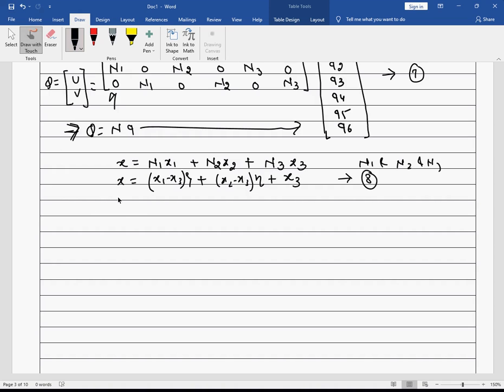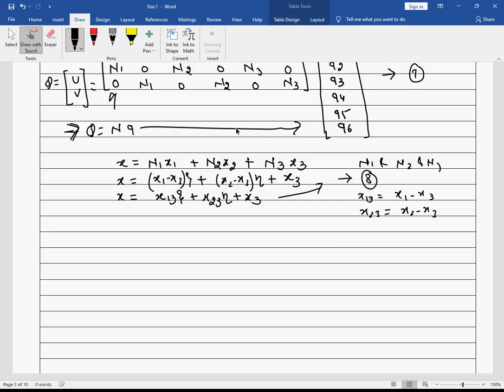So now this equation 8 I can write as x equal to x13 xi plus x23 eta plus x3. Okay. So this is basically equation 8. So what is x13? x13 is x1 minus x3. So x23 is what? It is x2 minus x3.